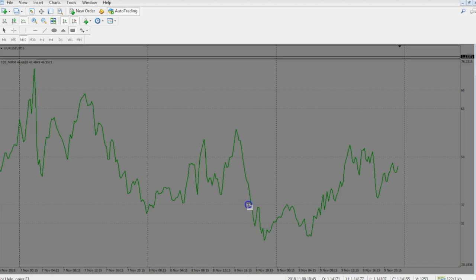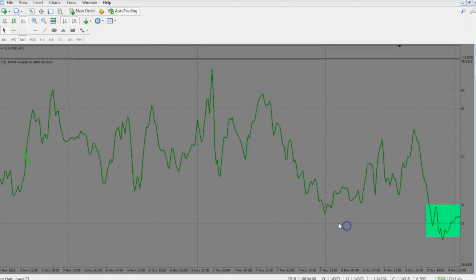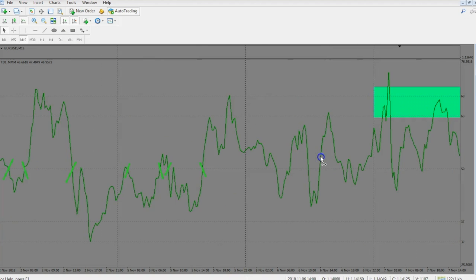So just mark the extreme areas, because these right here are showing an indication of a potential reversal. That's why it's very important to make sure you pay attention when the RSI is in the extreme values. Okay? So mark these when they jump out over here.